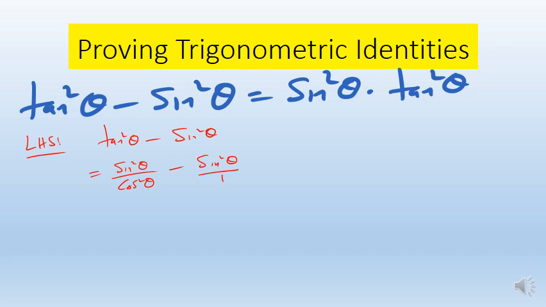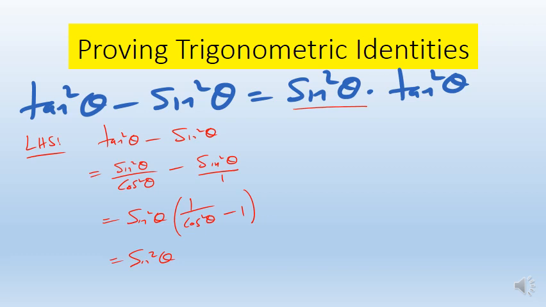And I can see that sine squared theta is common. There's my sine squared there too. I just keep one eye on the right hand side and see how things progress. So if I take a sine squared out, I've got 1 over cos squared theta minus 1, and that's times sine squared theta.